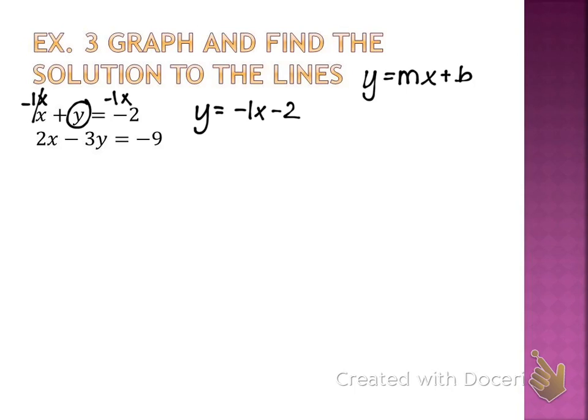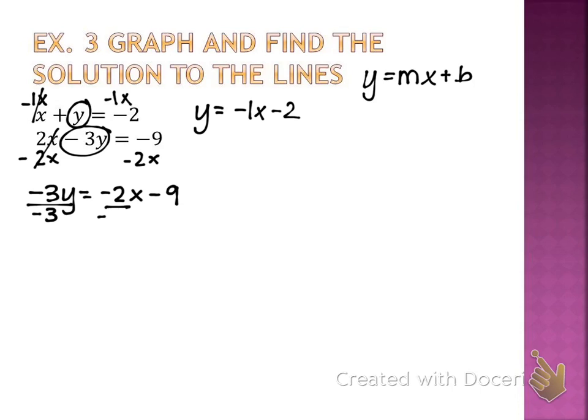Okay? So the second equation, what do I need to do first? I want to get y by itself. So what should I do to the 2x? Subtract 2x. Very good. So it cancels out. Move it over here. And I'm left with negative 3y is equal to negative 2x minus 9. Now what do I do?